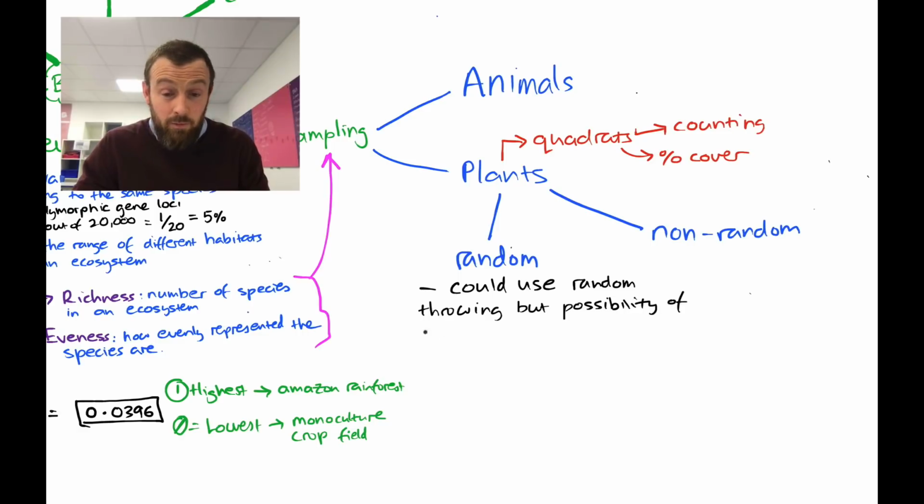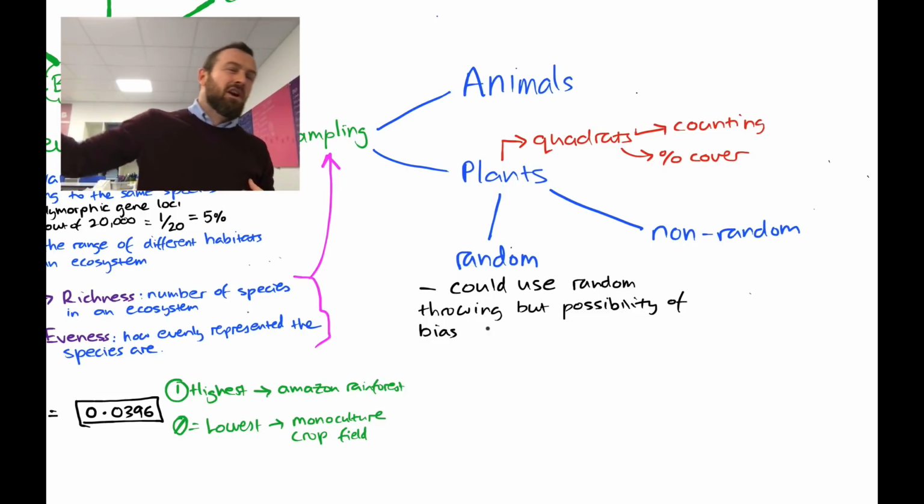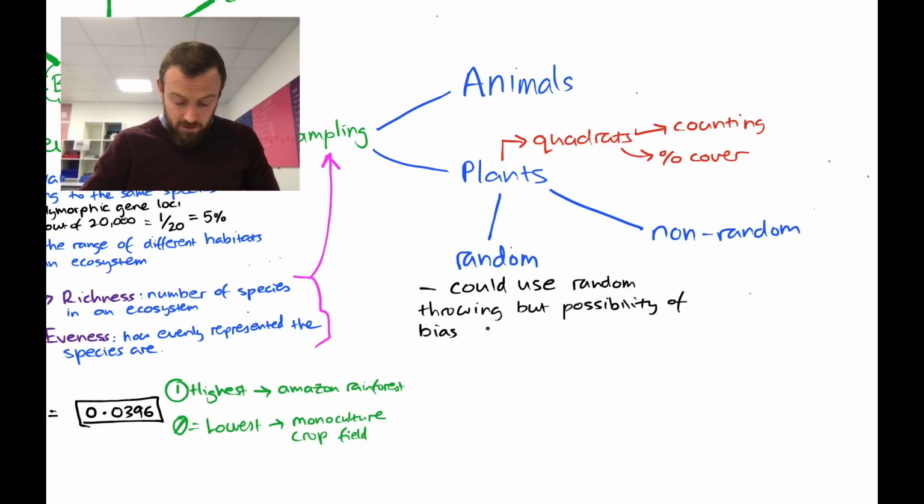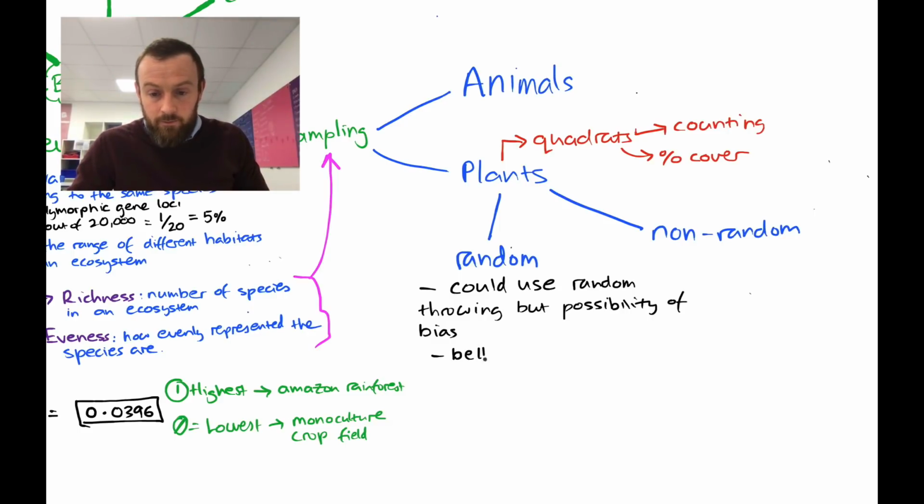You might not be aware of the bias, kind of unconscious bias, I suppose. You might think you're throwing them randomly, but actually secretly you're throwing them all in the direction of an interesting plant that you want to go and look at. So it's much better to use a random number generator.